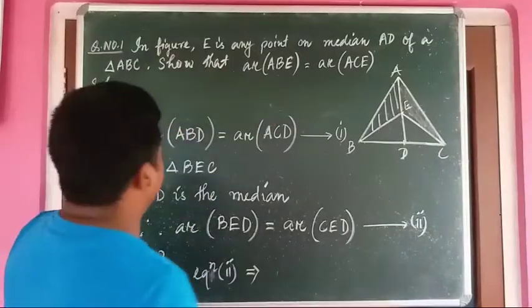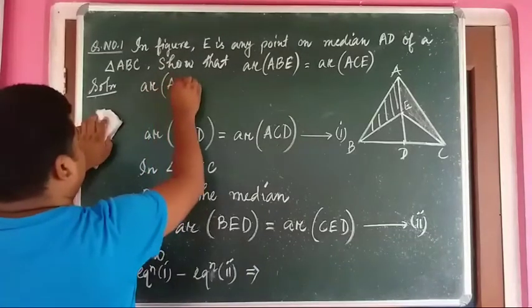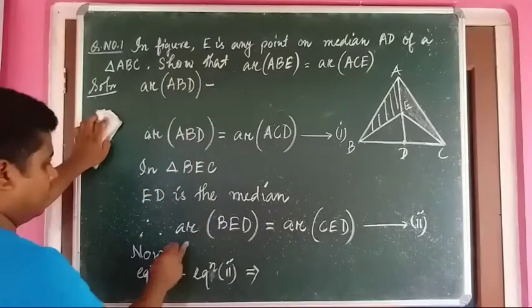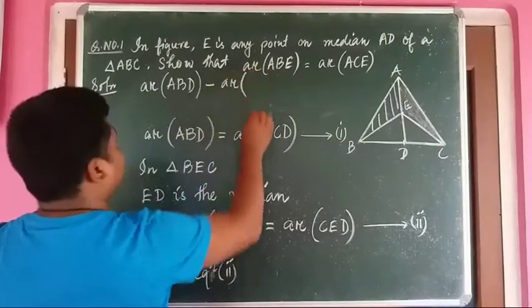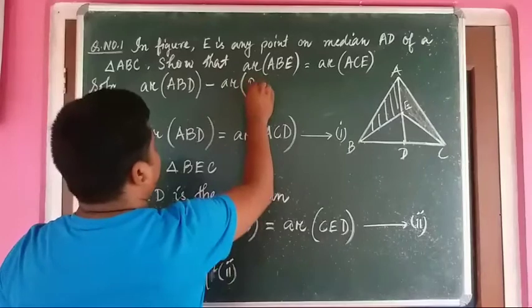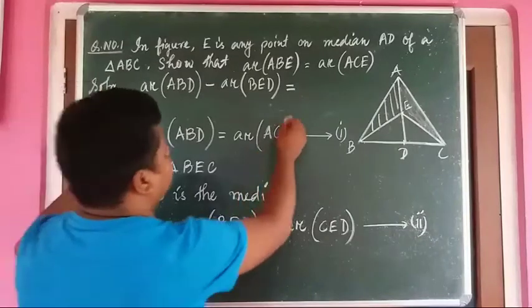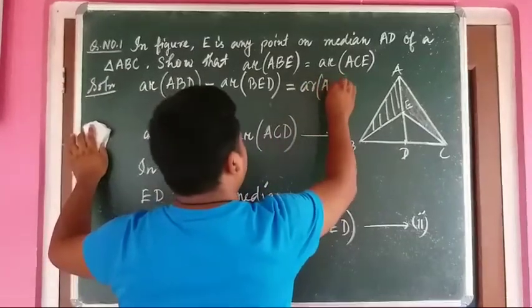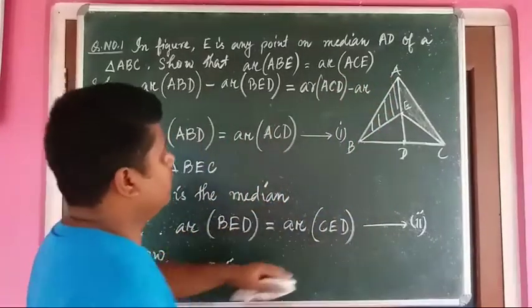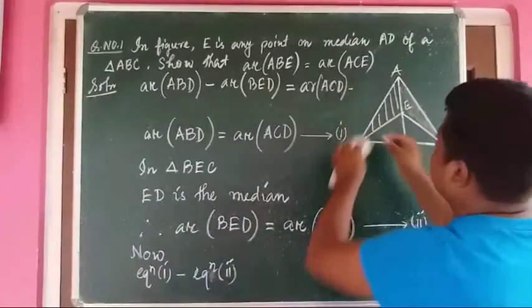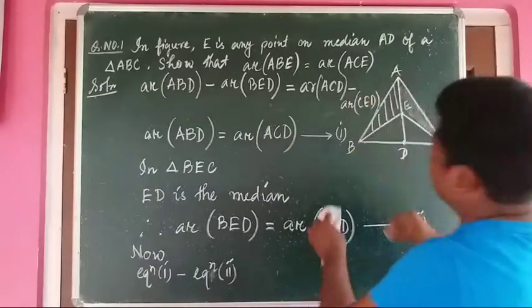We will get area of ABD minus area of BED equals area of ACD minus area of CED.